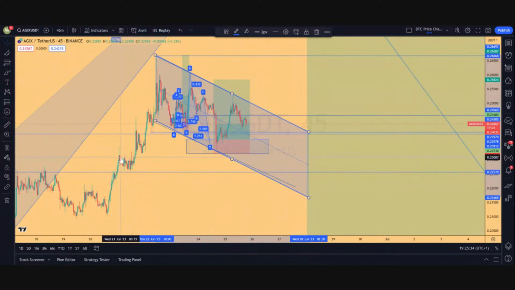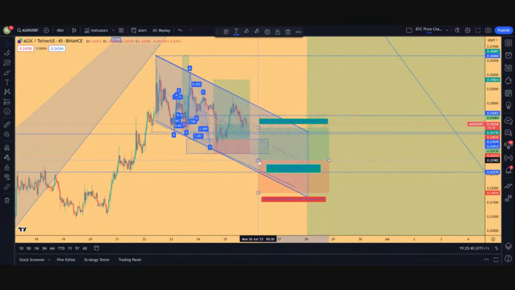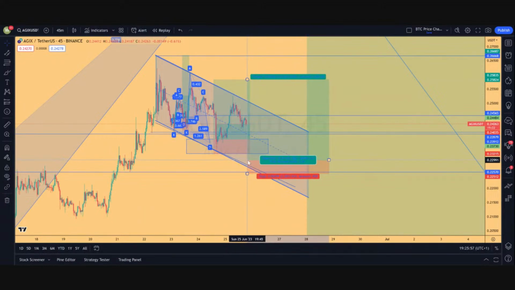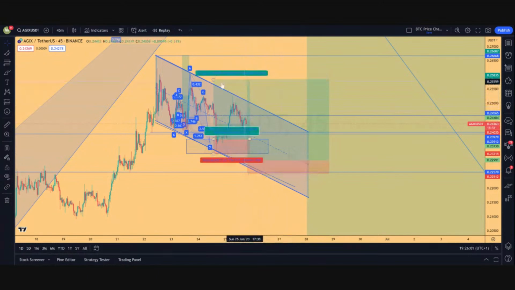Let me see if I can draw something here. I think what I'm going to do is close my last entry here on this trade, just assuming this might not go this low, but it is already appearing like so.